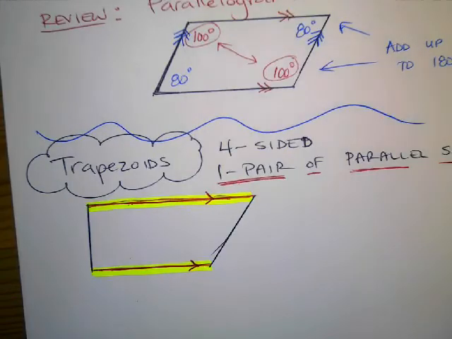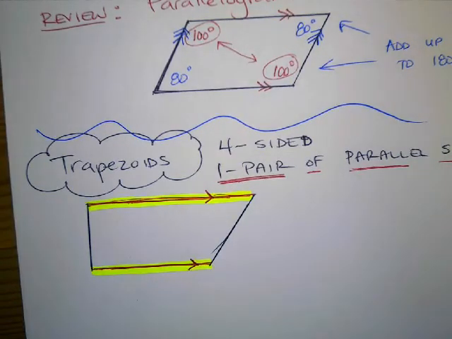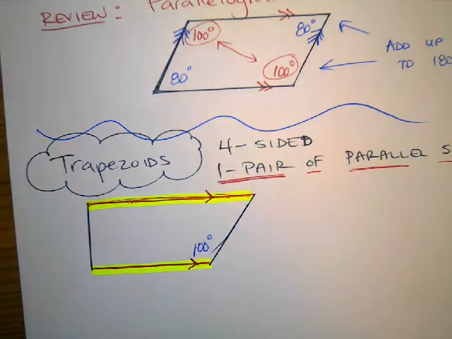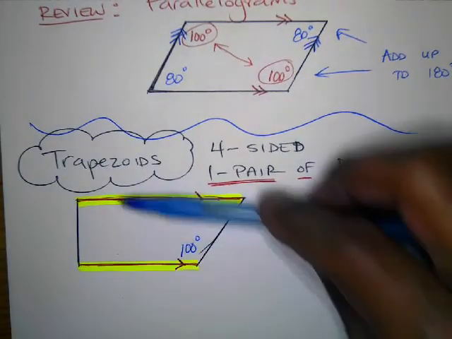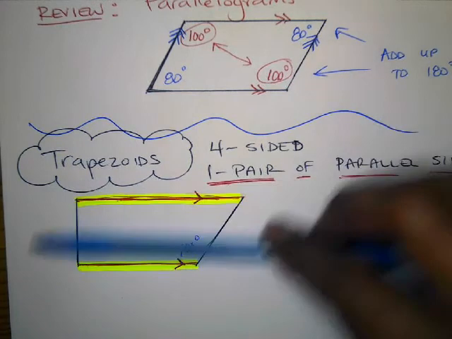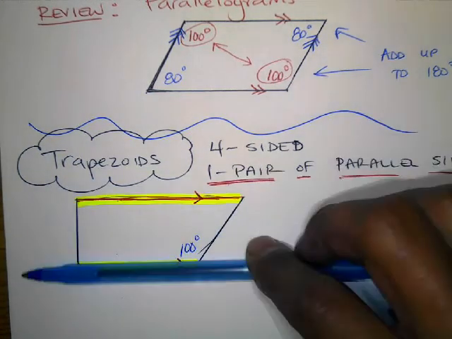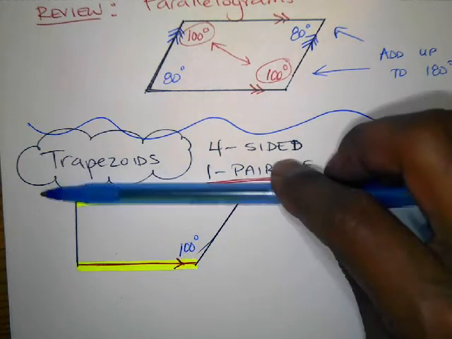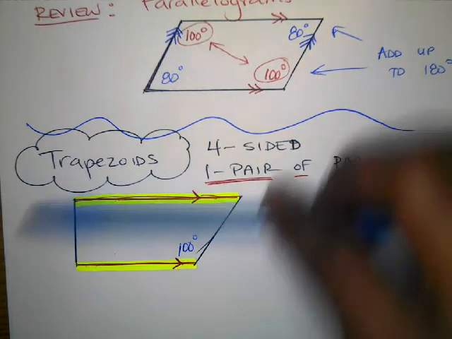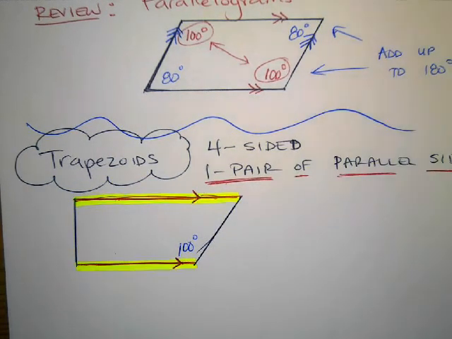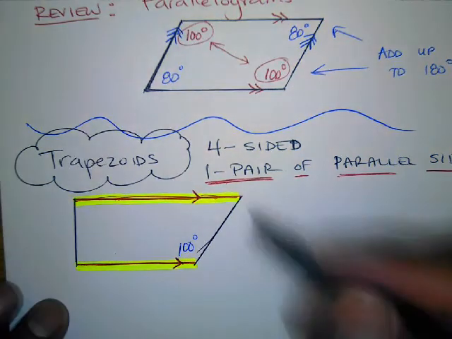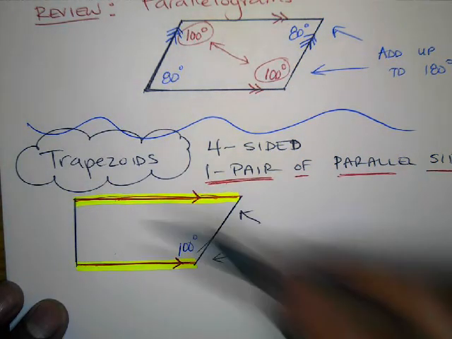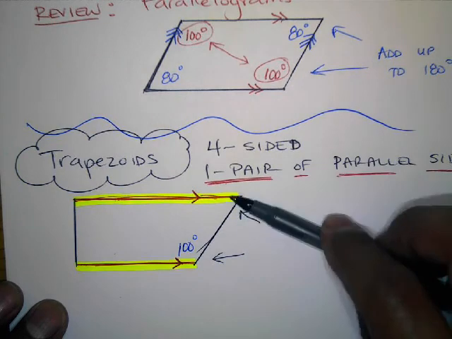Similar to here, like the parallelograms. If this one's your 100-degree angle, then look at the way that the parallel lines are, like this way, one on the top, one on the bottom, then this is the way that the angles will be adding up to 180.